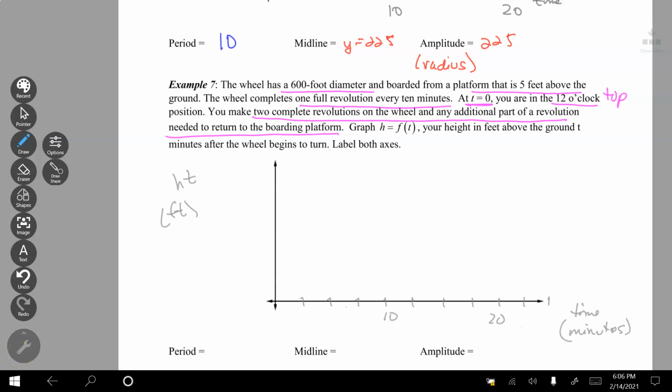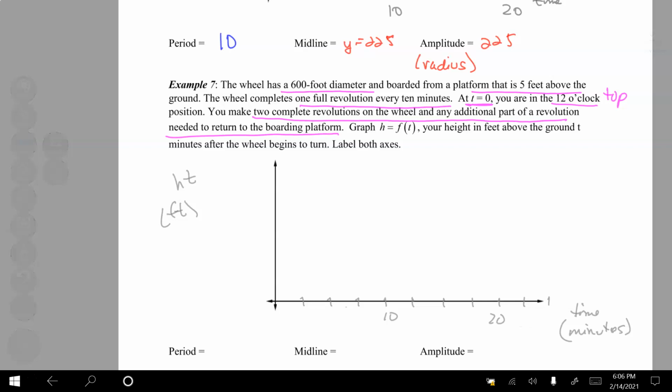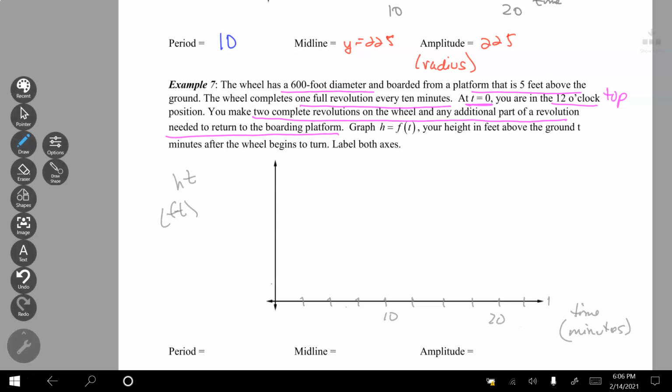Okay, mark the x-axis, and the fourth tick mark was 10, the eighth one was 20. I went a little bit farther because I know after 20 I'm not going to be done yet. Now because the minimum is at 5, I have to put 5 here on the minimum, and the max is not 600, the max is 605, because I have to be 600 feet higher than the bottom of the platform or the bottom of the Ferris wheel.